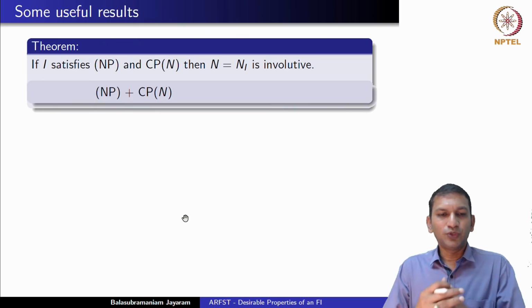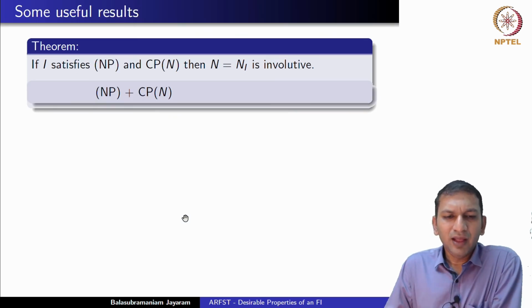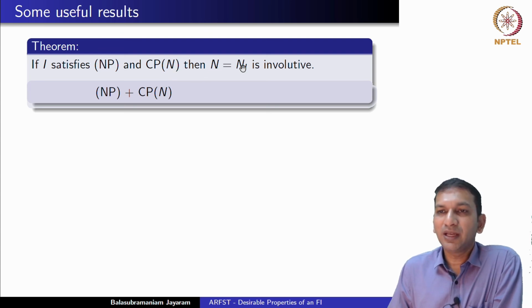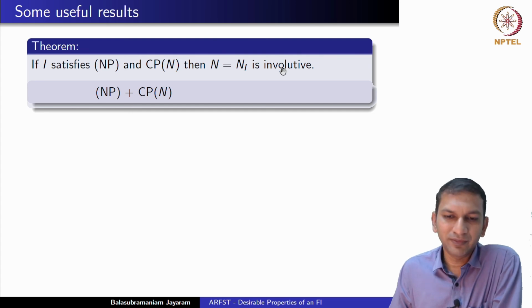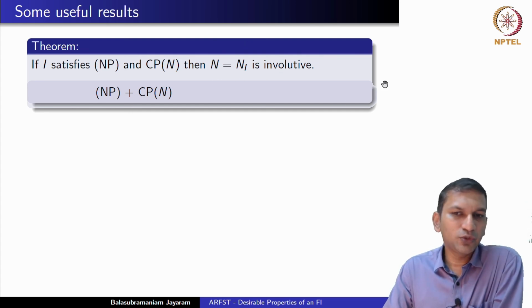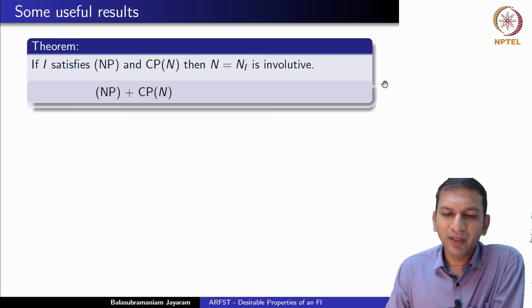Let's look at some useful results. There is a result which says that if an implication satisfies neutrality property and contrapositive symmetry with respect to some N, then that N has to be actually the natural negation obtained from it, and it has to be involutive. So this is the result. We will not try to prove it, but I'll give you a reference where you can find the corresponding proof.